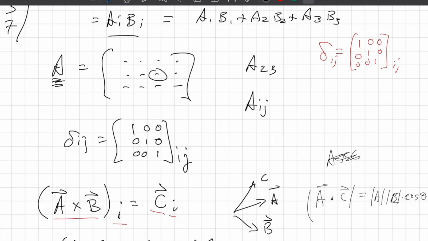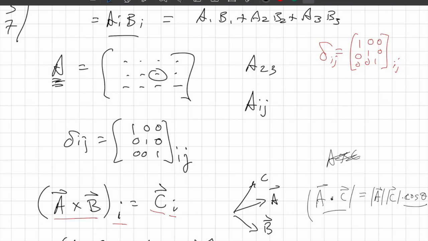Or sorry, C here. Okay. So what's the angle between those two vectors, A and C? And cosine of 90 is? Right. So A dot C is? Good. So that's something we're going to come back to in a minute.